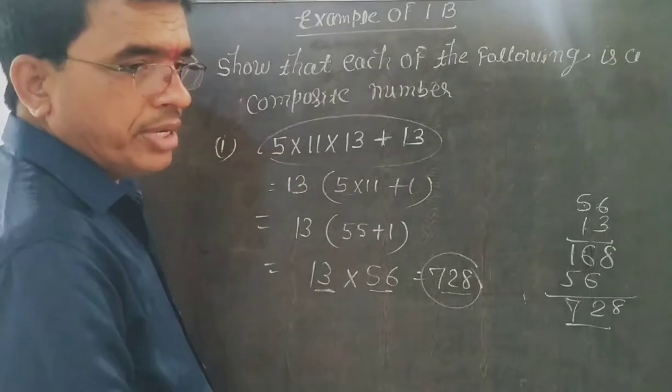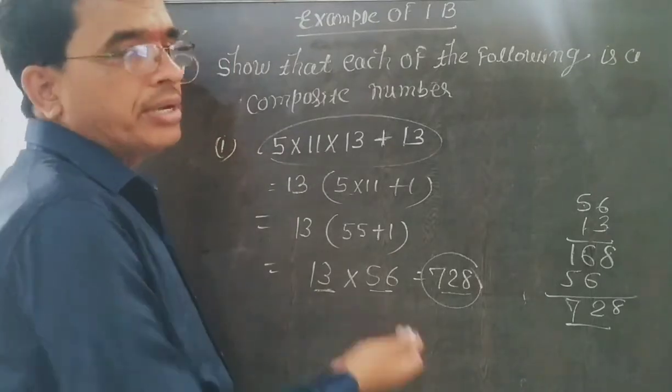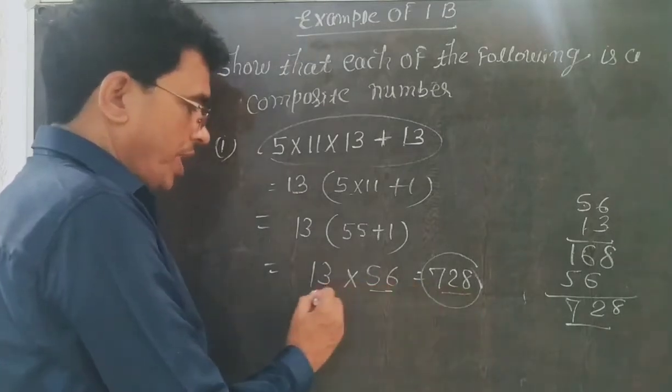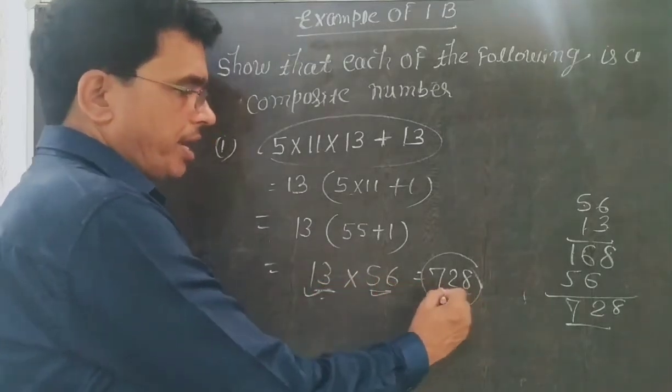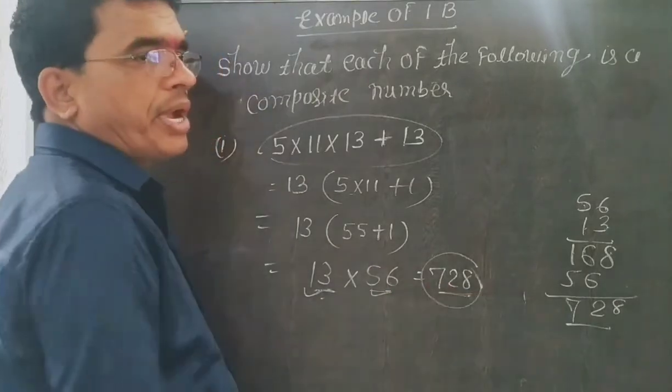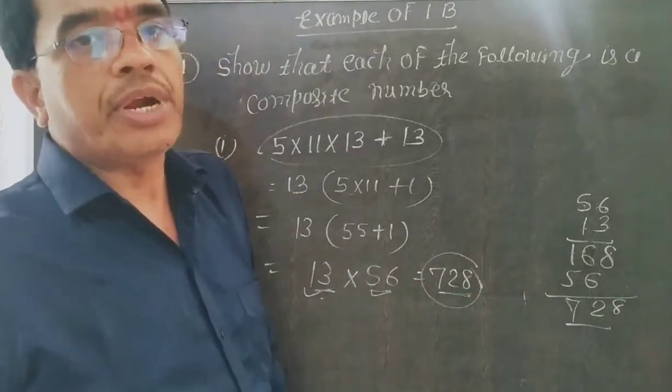And the factors are 13, 56, 728, and 1. So there are 4 factors given, because a product of 2 numbers gives a third number. So 728 is a factor, 1 is a factor, and so many others are also factors. But you only require more than 2 factors.